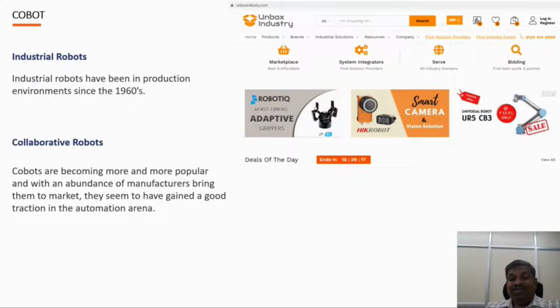In 16 hours and 29 minutes, there is a deal for this Universal cobot, and they have explicitly given the price as 12.9 lakhs only. So collaborative robots are now commercially available, which we can buy and deploy in any automation project, whatever we need to adapt.